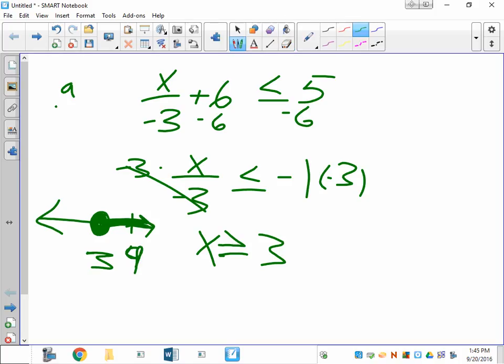So 9 divided by negative 3 plus 6. 9 divided by negative 3 is negative 3, and negative 3 plus 6, is that less than 5? Yes, so that works. If you want to try another one, you could try 0. 0 should not work. 0 divided by negative 3 is 0, plus 6 is 6. Is 6 less than 5? No, so we must have done it correctly. Okay? All right, get to work.